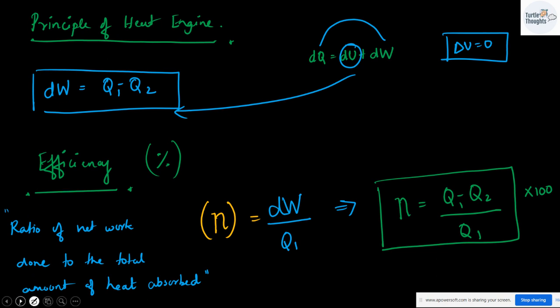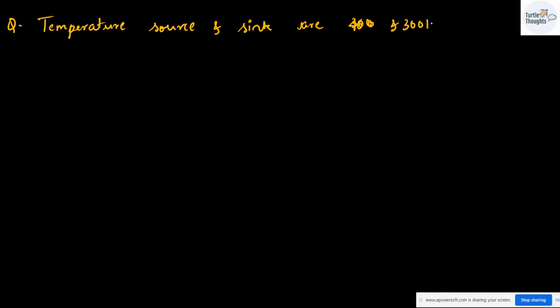Now, we will be taking a problem based on the same. The temperatures of source and sink are 400 and 300 Kelvin. Find out the efficiency.